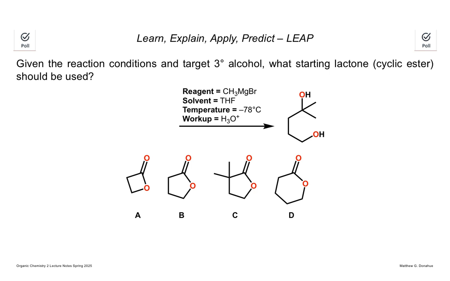So looking at the product, we have a tertiary alcohol, and we want to use the methyl Grignard. So what starting material should we use?